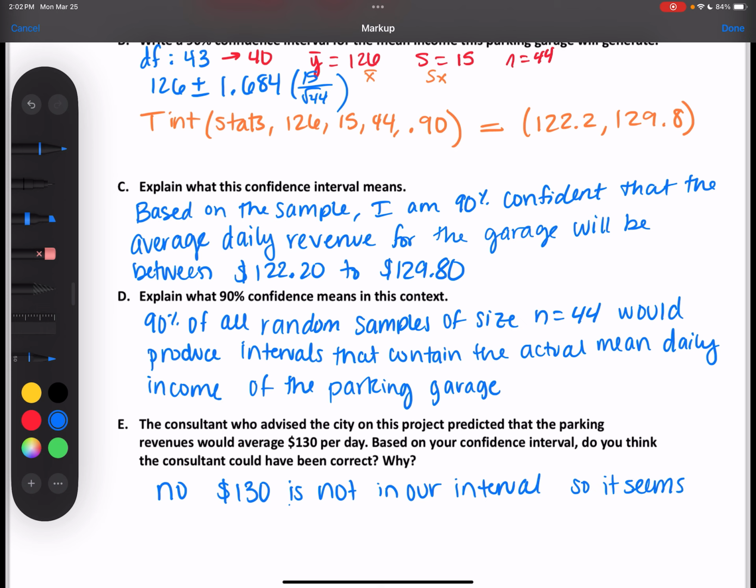And we're only at 90% confidence. What happens the higher we go? The interval would get bigger. If we had a bigger confidence interval, then 130 might be in it. Right. But for this particular situation, it's not.